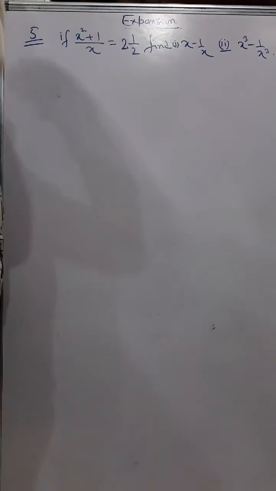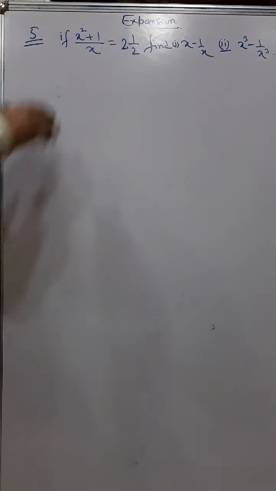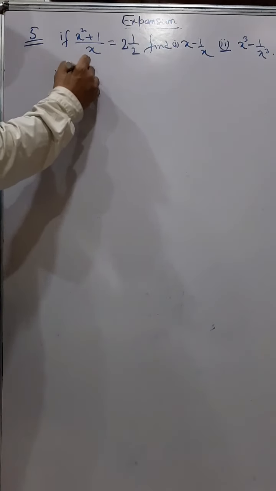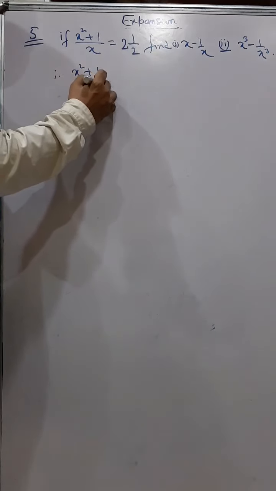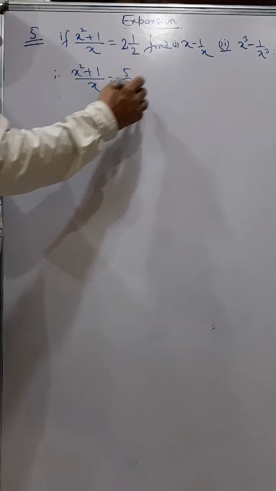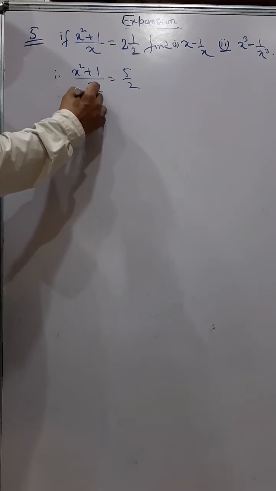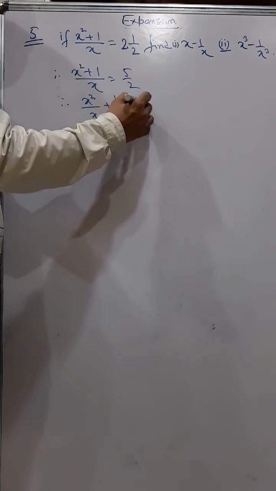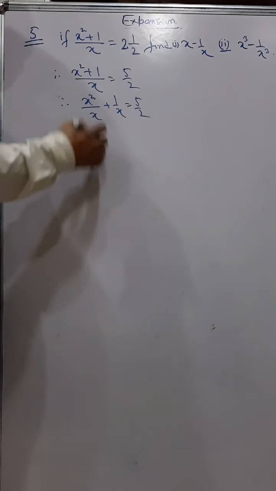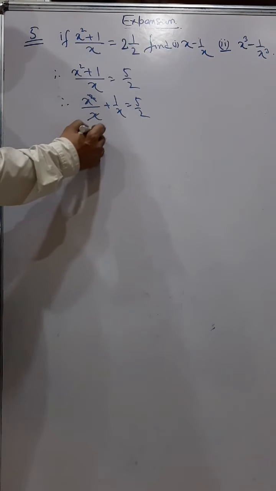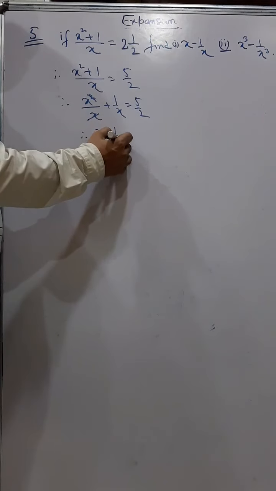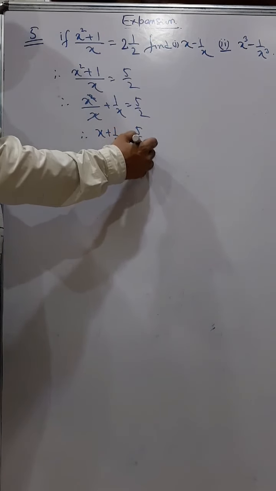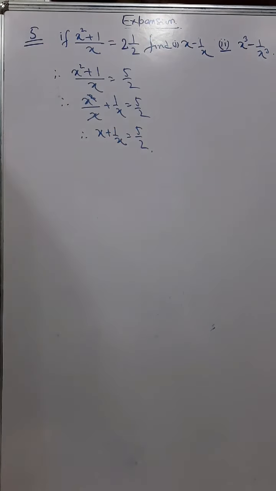Now this is also a similar sum, similar to that of number 4. Here also we can split the LCM. So first we will start like this: x square plus 1 by x equals 5 by 2, and then we can split the LCM. X square by x plus 1 by x is equal to 5 by 2, and then finally we got x plus 1 by x.